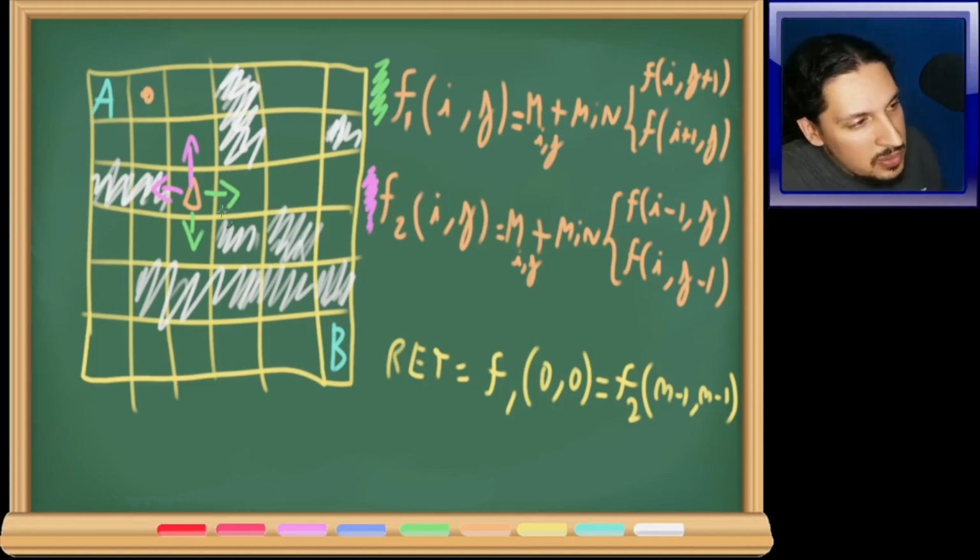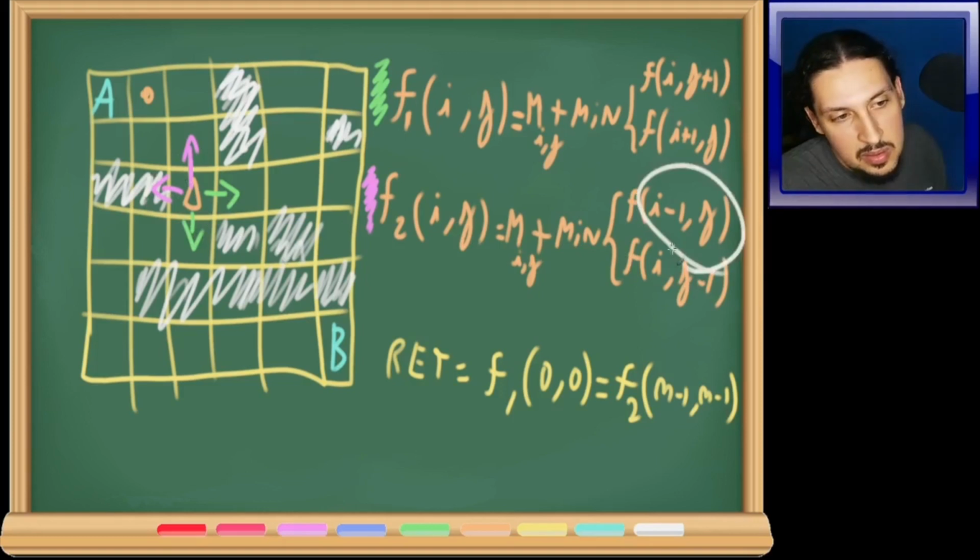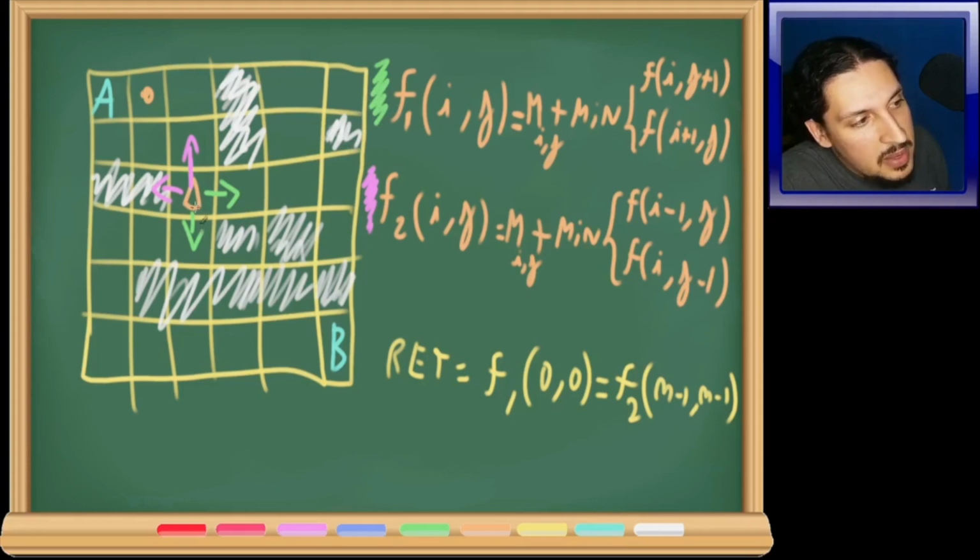And here I have drawn the recursion calls. If you see, in order to compute this cell, the function f2 will need these two marked subproblems to be pre-computed, and the function f1 uses this one. So that might be a heuristic to remember which one to use.